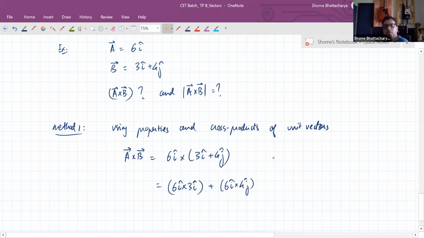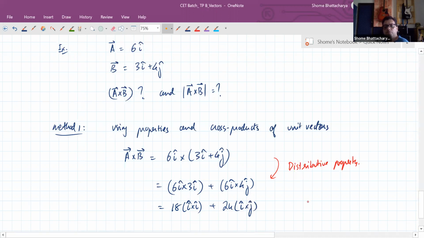So here to here what I've done is I've used the distributive property. So using that, you can write this as 18 i cap cross i cap plus 24 i cap cross j cap.